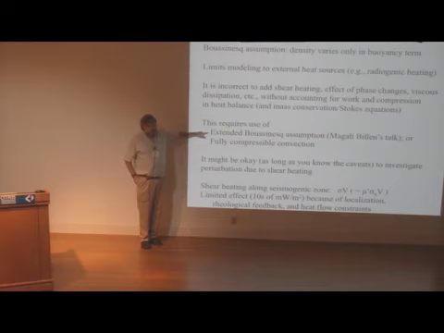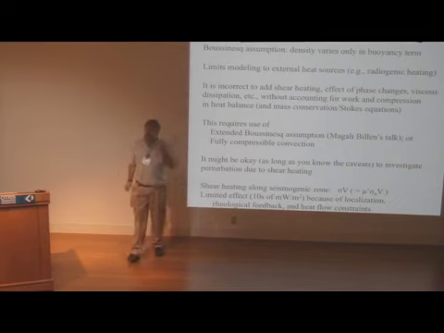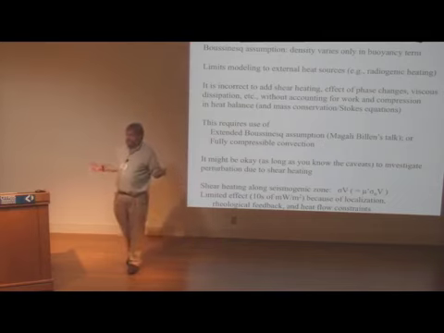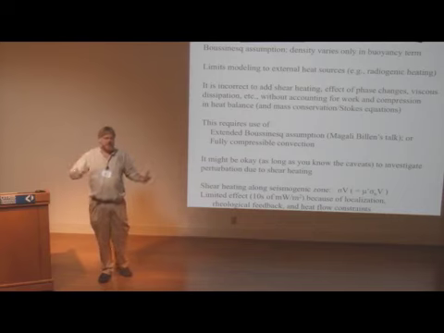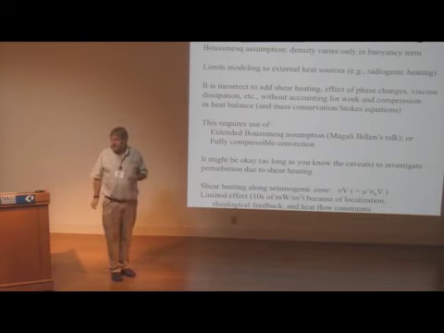Magali introduced it in her models. Or preferably, you go to fully compressible convection, which is a little bit more work, but it's certainly more accurate. This is when you can add these viscous dissipation things in there. If you don't, you're creating heat sources in the problem that do not have a fundamental source. So you're forcing heat into the system that doesn't have a complement, and you're violating the heat conservation equation.